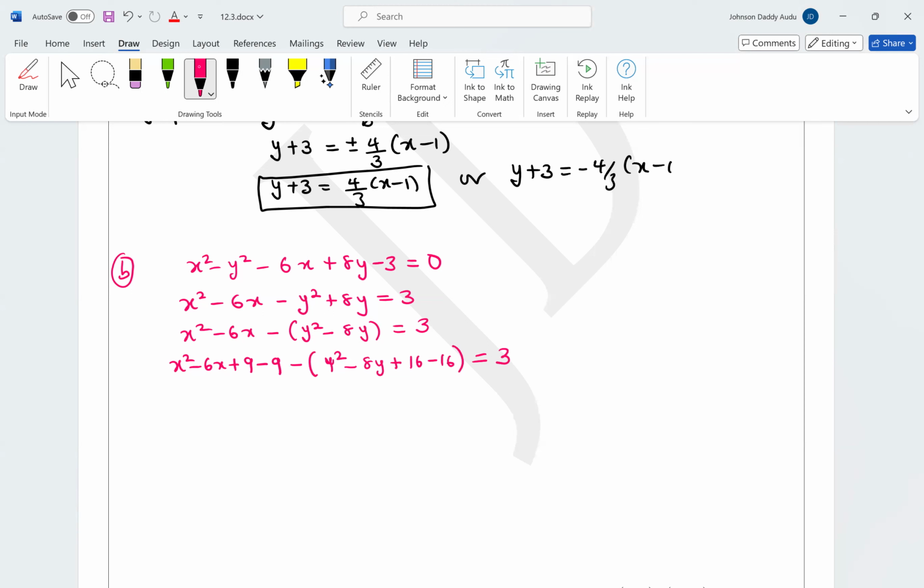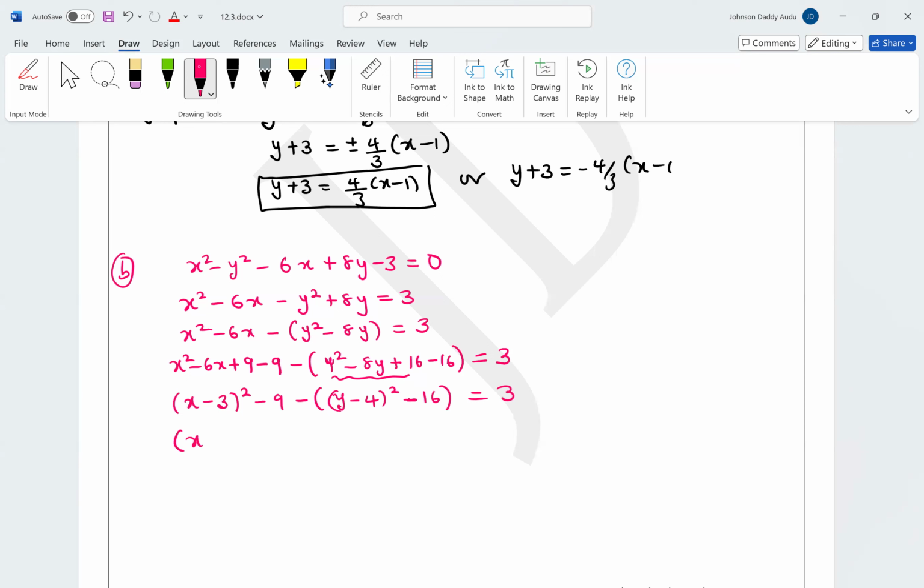So this now we can write as just x minus 3 squared. Then minus, inside here. Okay, let me go one more step. This is minus 9 minus this one, this 3 terms here is going to be y minus 4 whole square, but there is a minus 16.